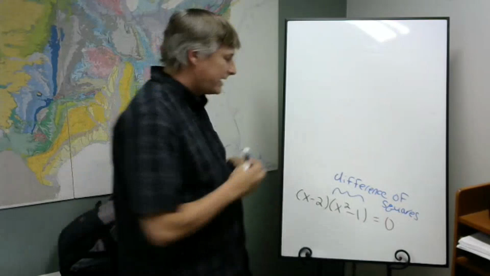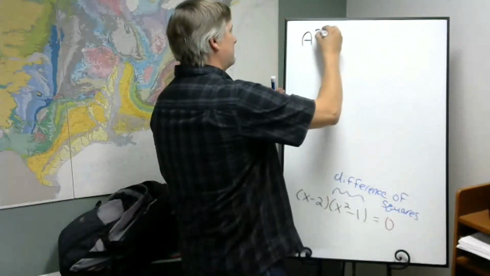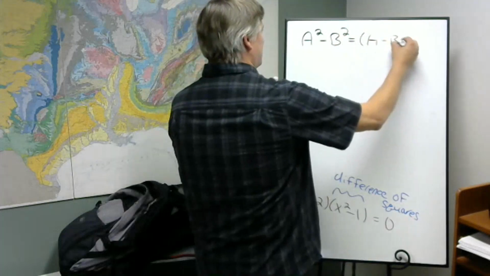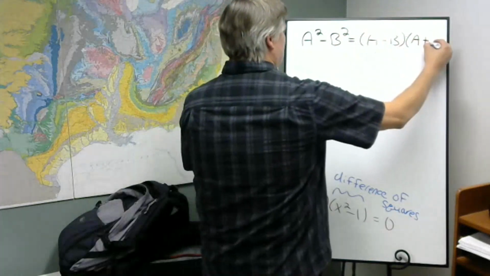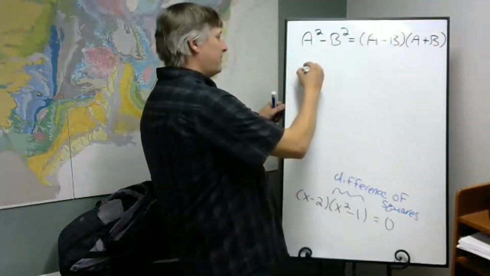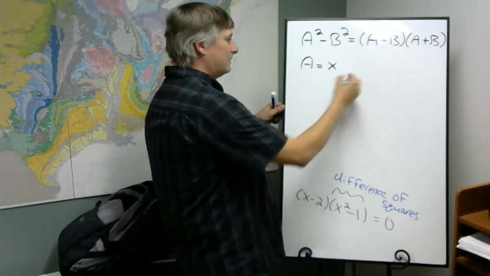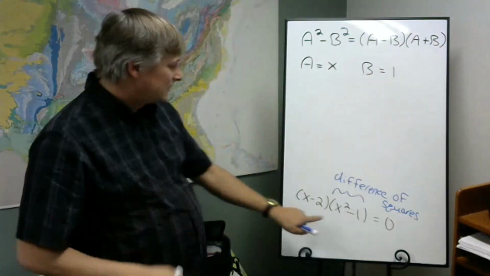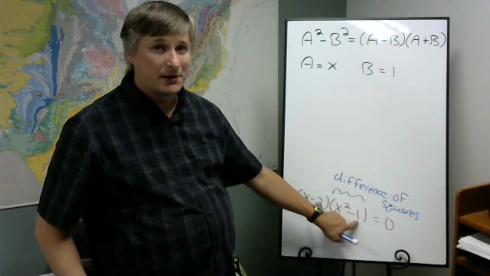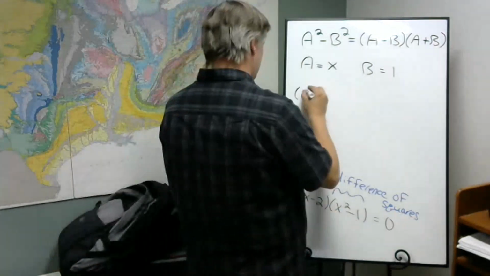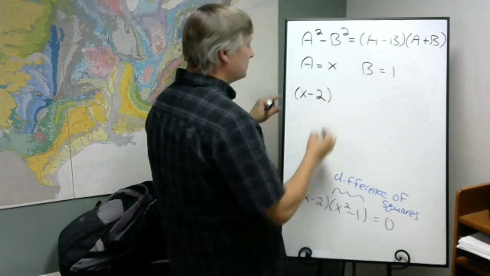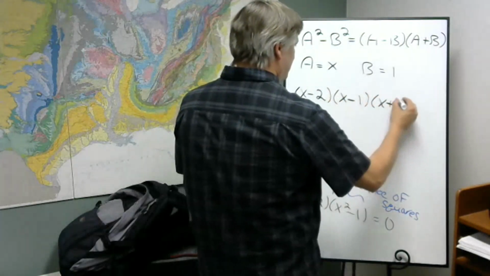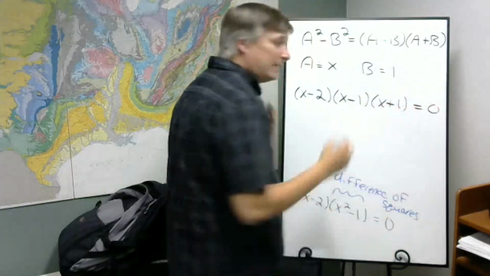So what we can do, we can write this using the pattern, where for us, A will be x, and B is going to be 1. A squared minus B squared. And so we'll do a minus b, a plus b, and it's still equal to 0.